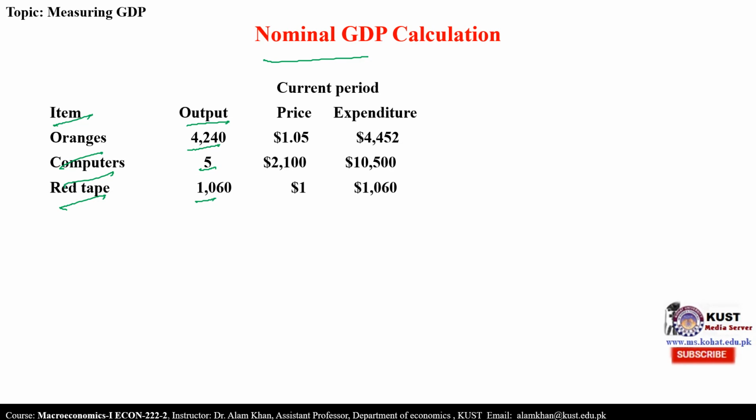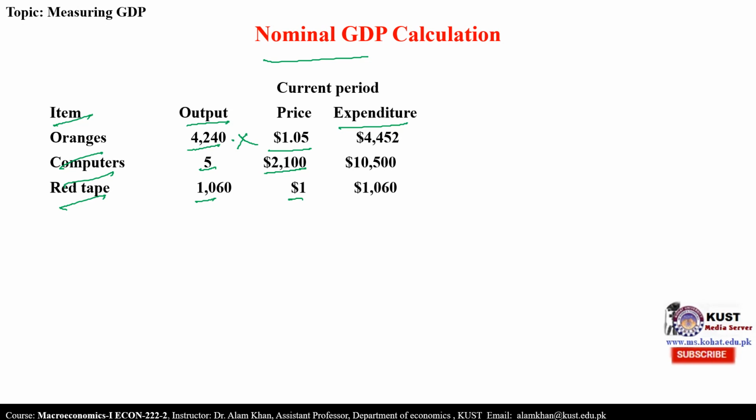The price per unit of orange is 1.05 US dollars. The computer price per unit is 2100 dollars, while the red tape per unit price is $1.